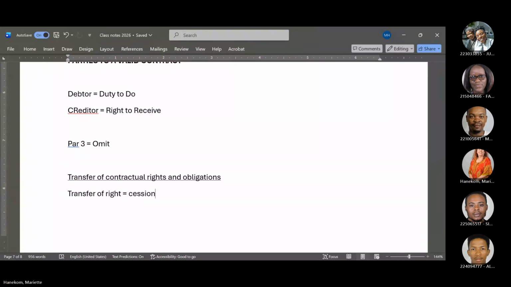So I have sold my car to Mr. Ayala. He needs to pay me. But in the meantime, for whatever reasons, I would like that money to go to Ms. Kantewa. I can cede my right to receive this money to Ms. Kantewa. Transfer of right, cession.